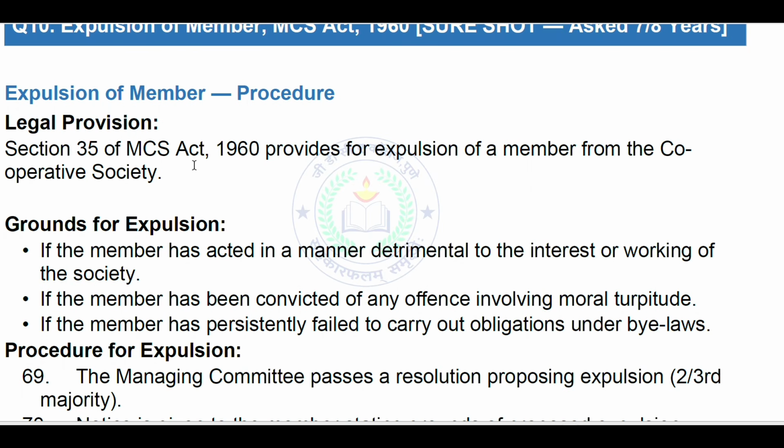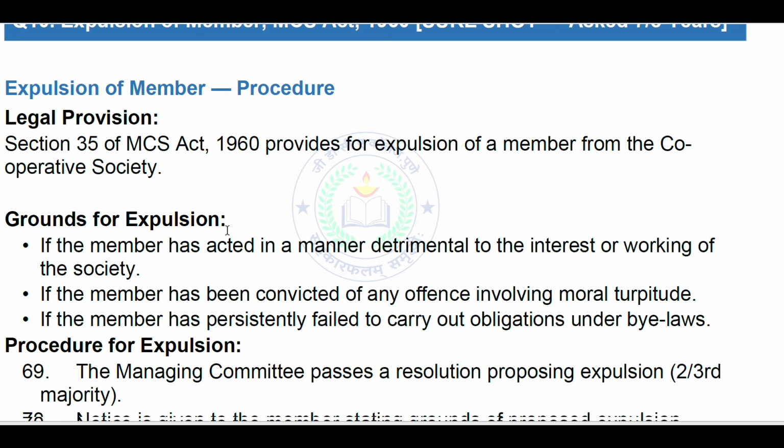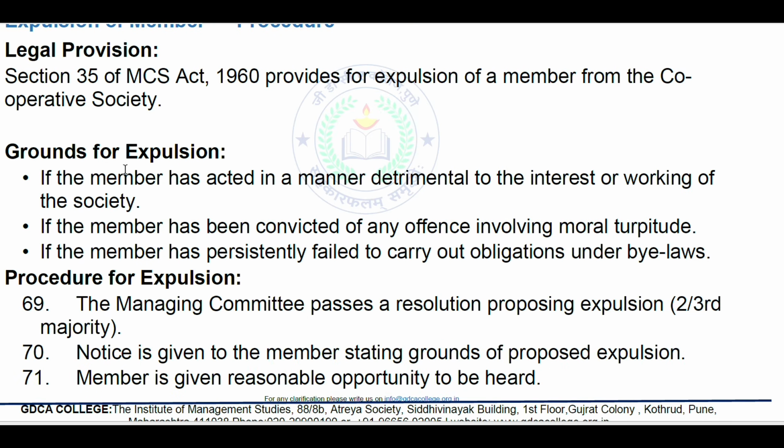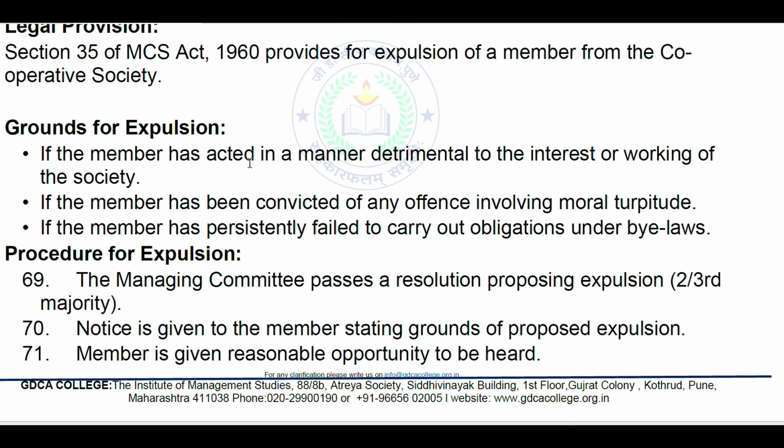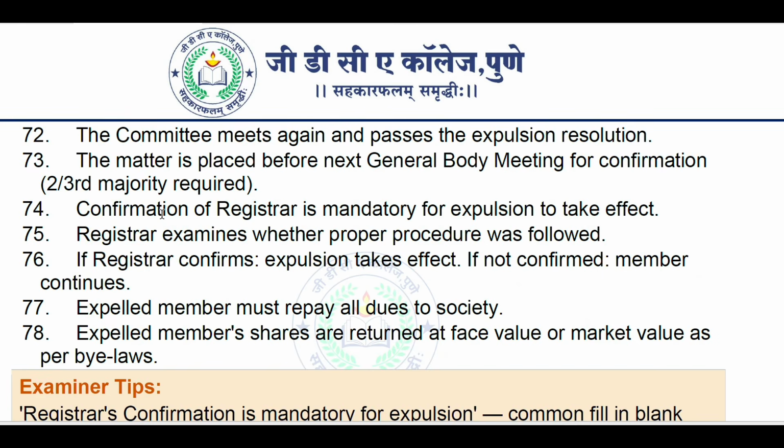Legal provision: Section 35 of MCS Act 1960 provides for expulsion of a member from the cooperative society. Grounds, on what grounds does expulsion happen? Grounds for expulsion: if the member has acted in a manner detrimental to the interests or the working of the society, or mismanagement or fraud.